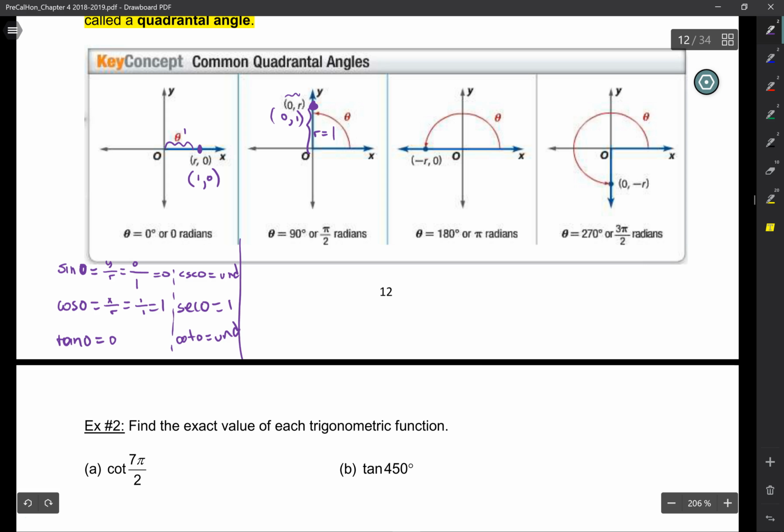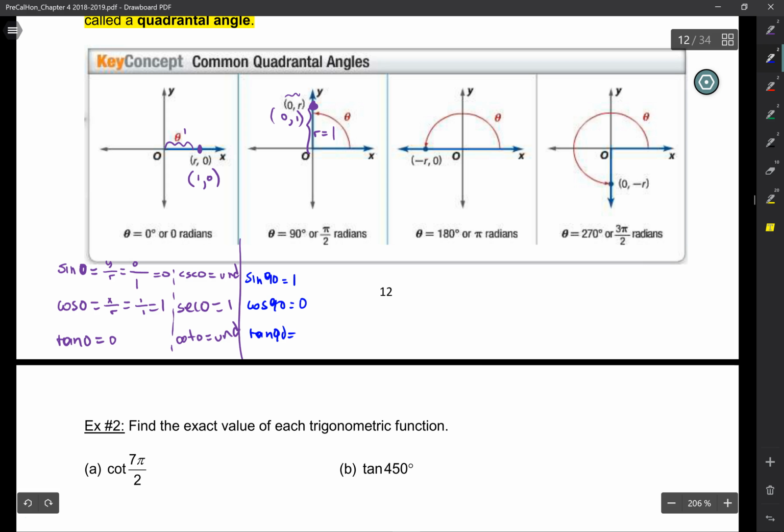1. Okay, so now quickly let's do sine of 90, cosine of 90, and tangent of 90. What's sine of 90? 1, thank you. Good job. What's cosine of 90? 0.